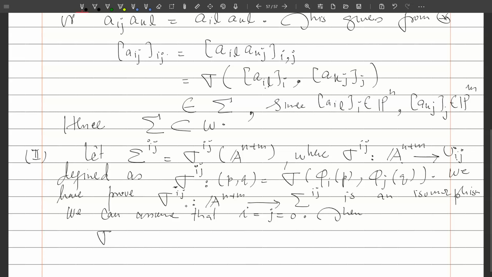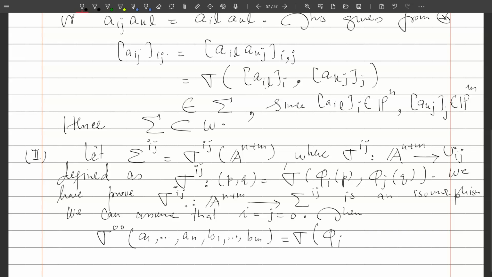this sigma 00 takes a point with n plus m coordinates, say a1 up to an, b1 up to bm. So it takes this point to sigma of phi of p.